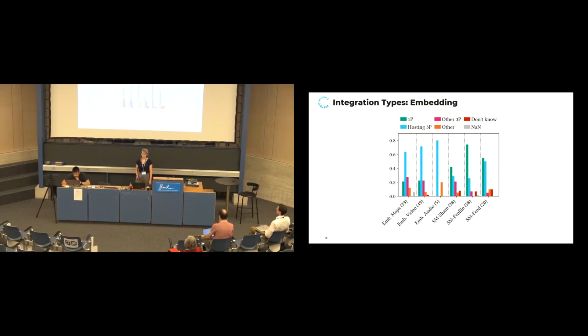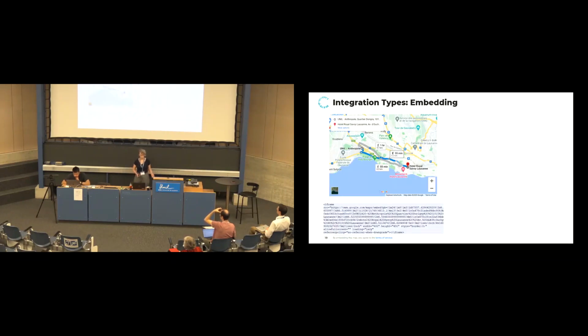We also looked at how remote content was embedded, because you can't just use the code from the remote third party, which was most often the case. You can also do your own embedding. So, for example, if you use the Google Maps embed code, you automatically make the user agree to Google's privacy policy, which is a bit questionable because they do a lot in their privacy policy.